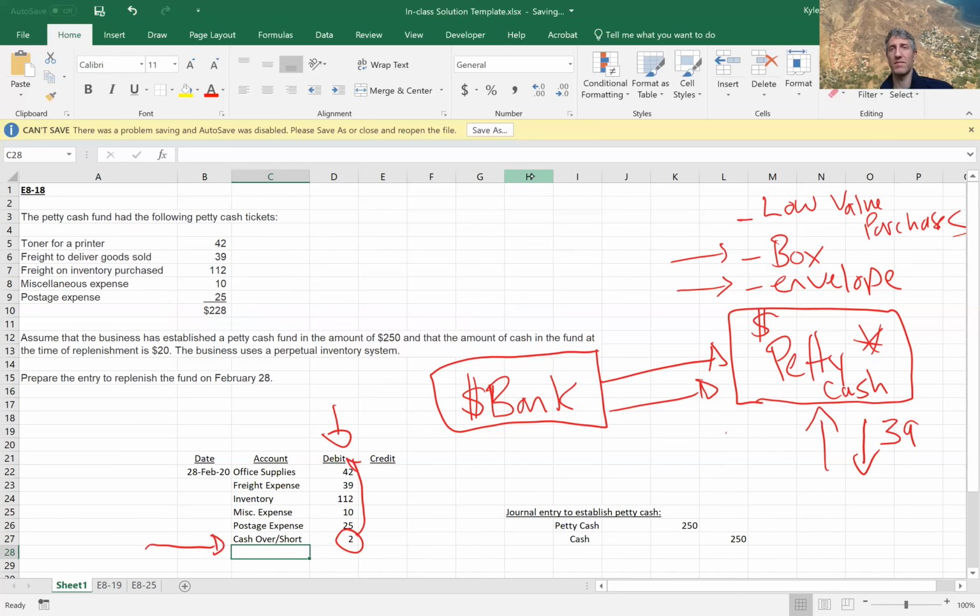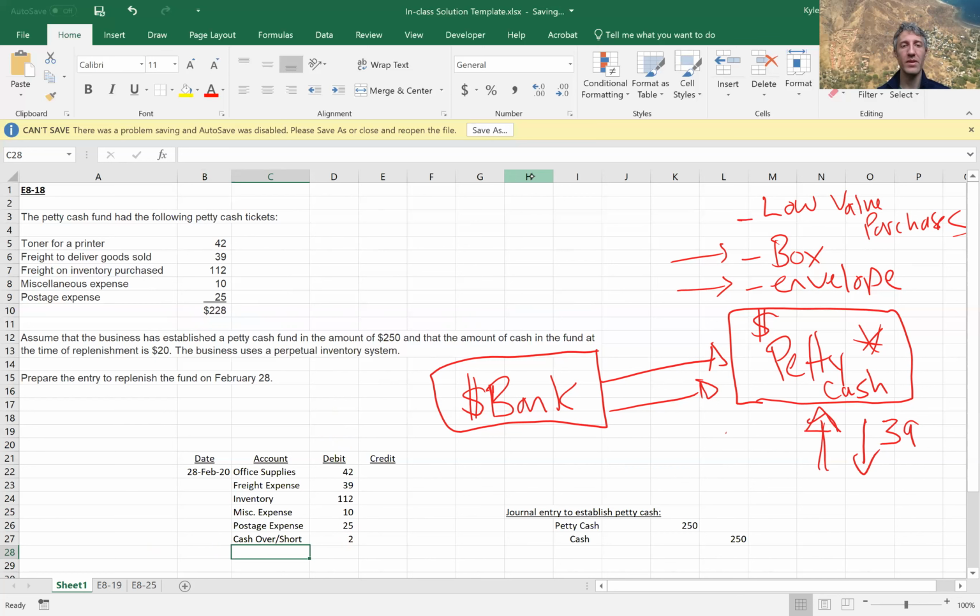Remember, expenses have a normal debit balance. But when it has a credit balance, it's kind of like a revenue. So it can be either, depending on which side the custodian made an error in, whether they didn't collect enough receipts, or maybe they made a math error somewhere.